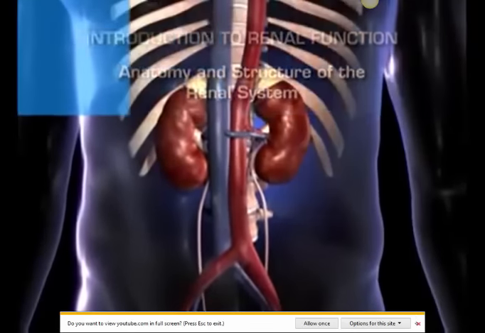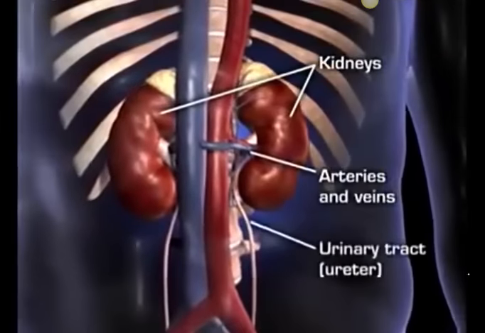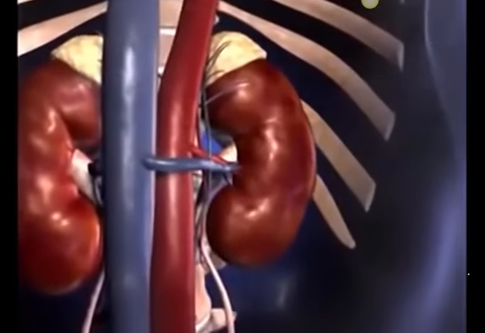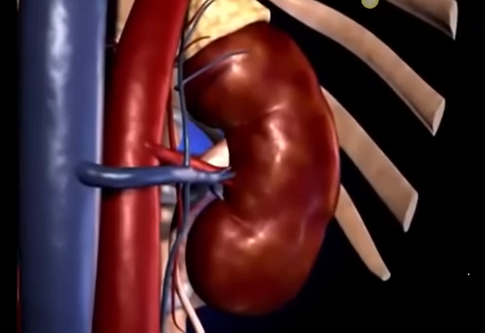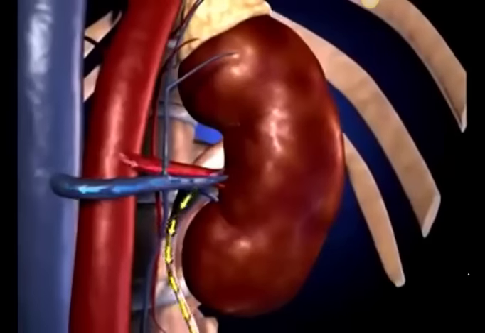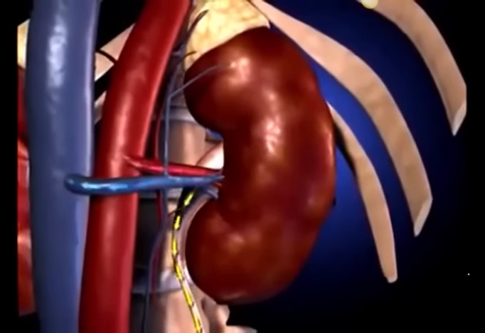The renal system consists of the kidneys, the connecting arteries and veins, and the urinary tract. The kidneys are paired, bean-shaped organs lying outside the peritoneal cavity in the back of the upper abdomen, one on each side of the vertebral column. The kidneys function as the body's main excretory organ, eliminating the body's metabolic waste products by filtering the blood.